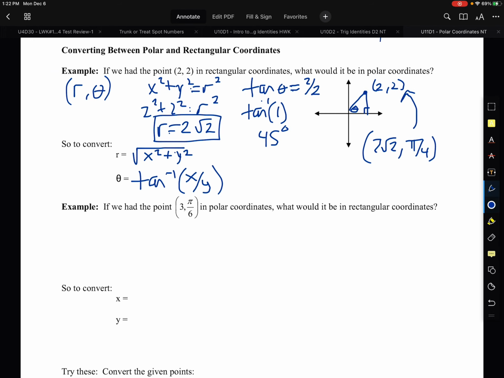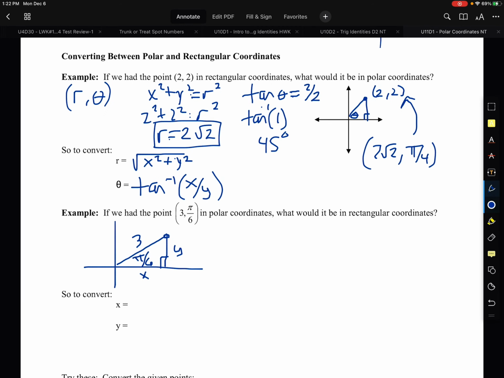All right, what do we do if we have a polar coordinate? So if I think about my graph, I'm in the first quadrant. I'm 3 units away, and I got pi over 6 as my radian measure. So I need to solve for y, and I need to solve for x.